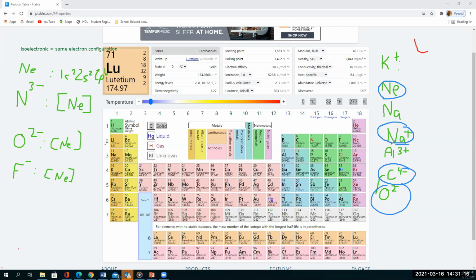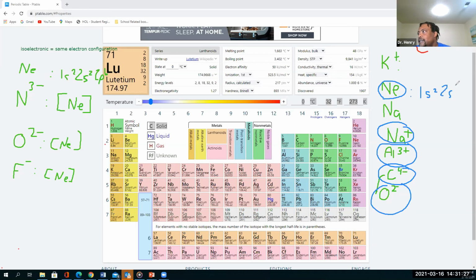Okay, so if we write the electron configuration for all of these, neon is 1s2, 2s2, 2p6.